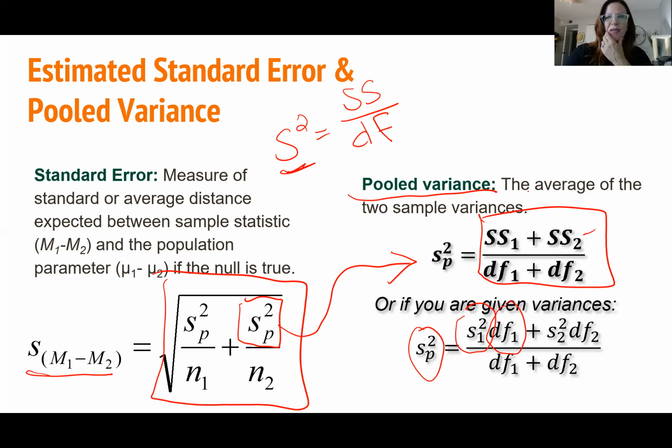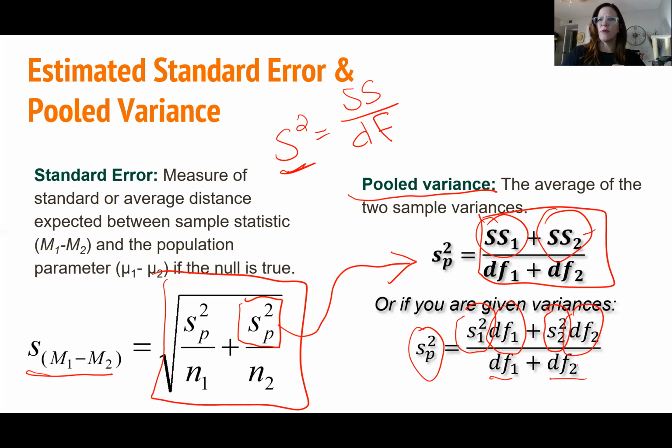And that basically gives you the sums of squares. Then you're going to take your variance for sample 2 and multiply it by its degrees of freedom so you can get your sums of squares for the second group. You add those together and then you divide by the degrees of freedom for group 1 plus degrees of freedom for group 2. So you just have to be aware of how that equation works in case you're needing to use it. Once you get your answers, you plug them into the standard error equation.